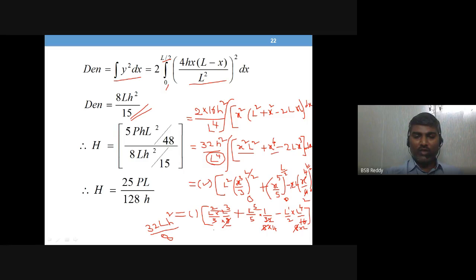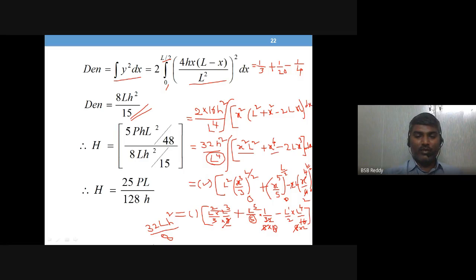What is remaining? 1 by 3 in first term, plus second term, 5 is there and 4 is also there, 20. So 1 by 20, minus 1 by 2 and 1 by 2, so 1 by 4. Right? So this is the value that you need to evaluate.